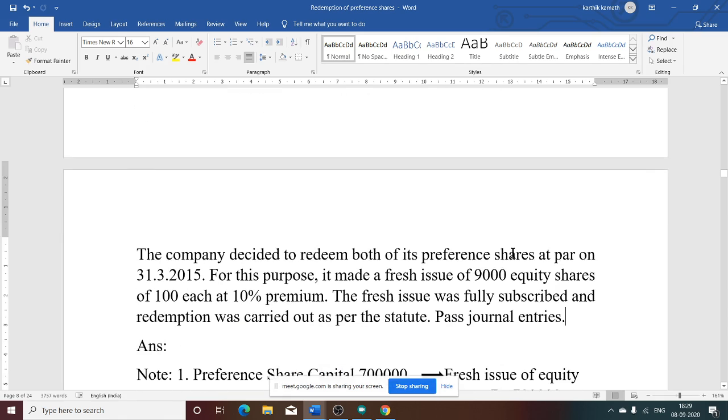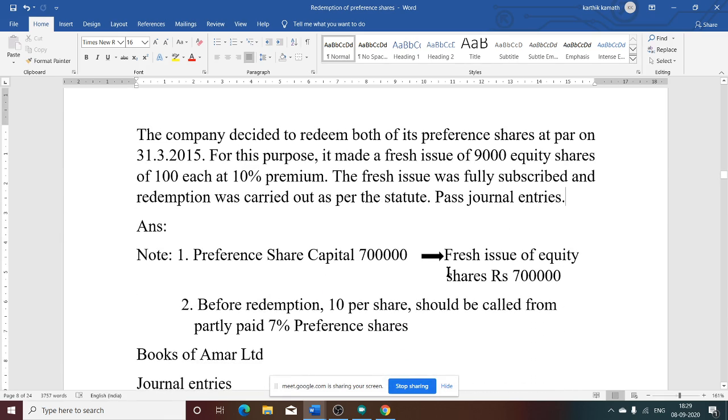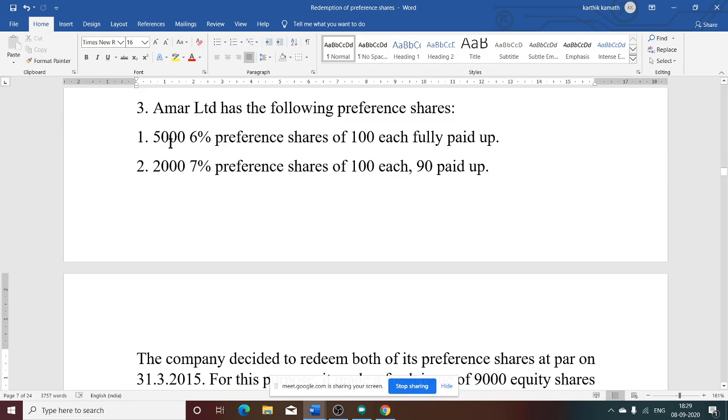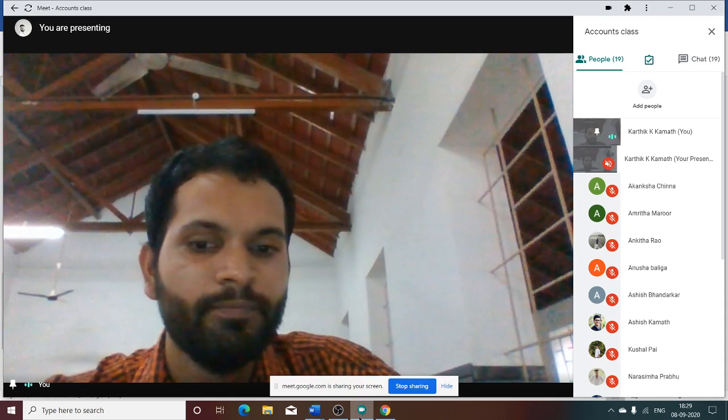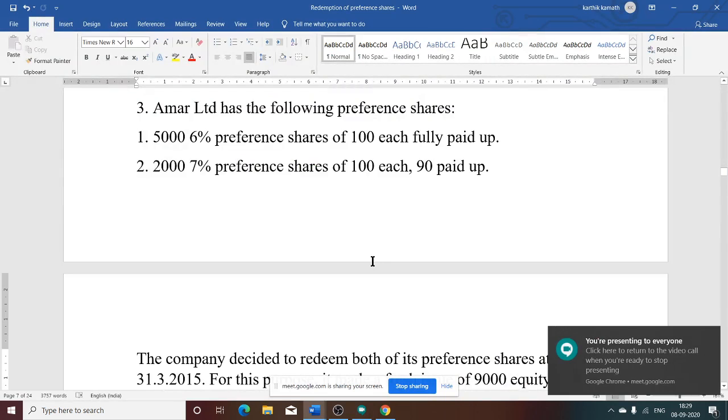Now we'll see the answer to this problem. First we need to do two notes. The first one is preference share capital. If you see the problem, 5,000 into 100 is 5 lakh, plus 2,000 into 100, which is 2 lakh.